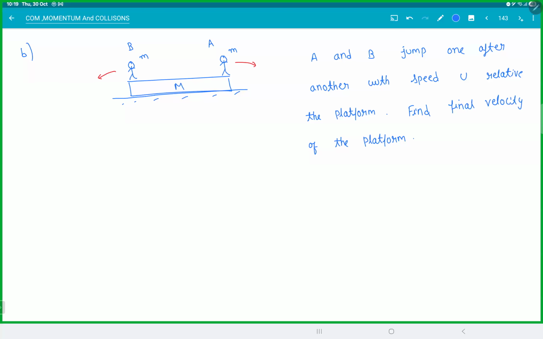So first A will jump, platform and B will go, then B will jump, then the platform will go. So that is the final velocity. One after another, you have to conserve momentum twice.